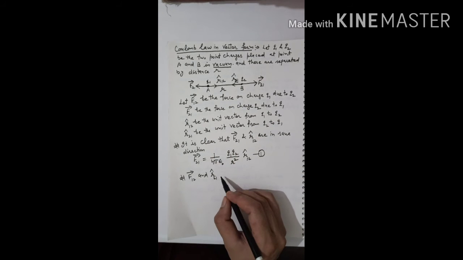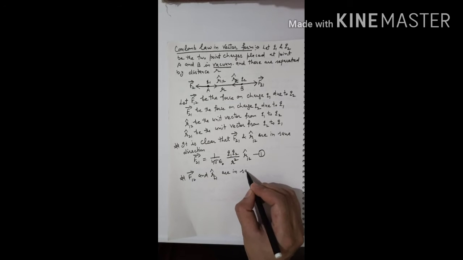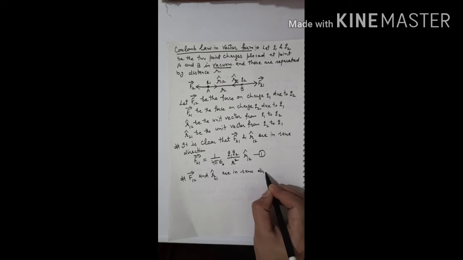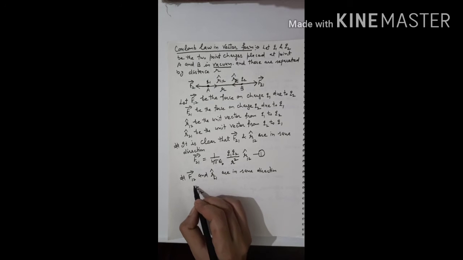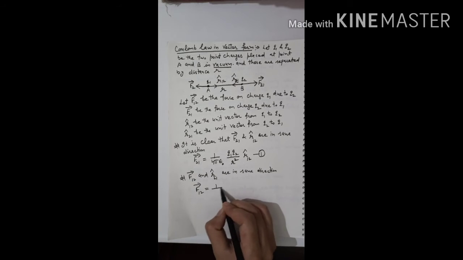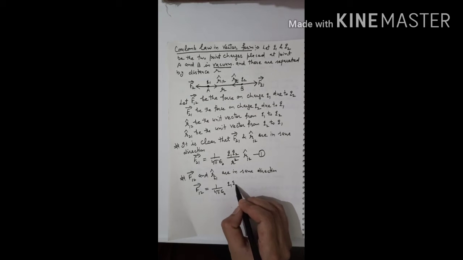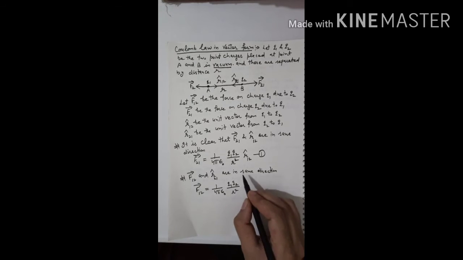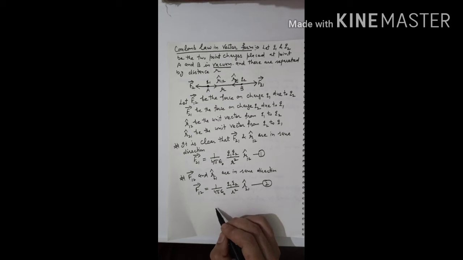So both are in the same direction. So the F12 vector is equal to 1 by 4 pi epsilon naught, similarly Q1 Q2 by r square, times the unit vector r21 cap. Say that this is equation number 2.